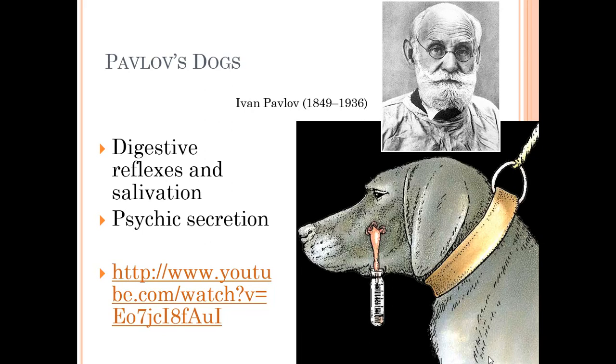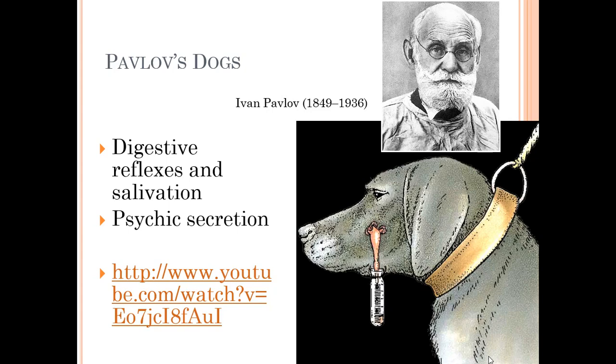But Pavlov noticed something. He noticed that sometimes the dogs would start to salivate without being given any meat powder. And he kind of deduced that it had something to do with the white lab coats the assistants used before they gave the dogs the meat powder.